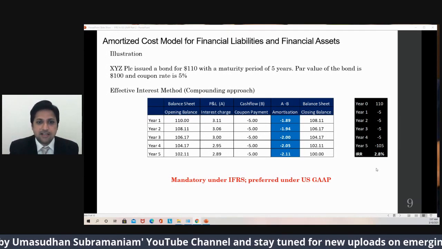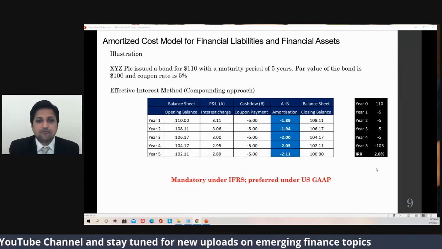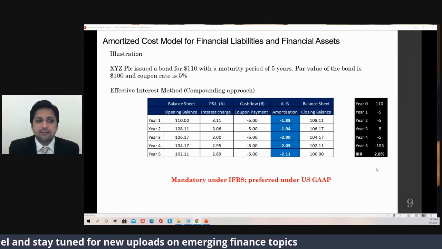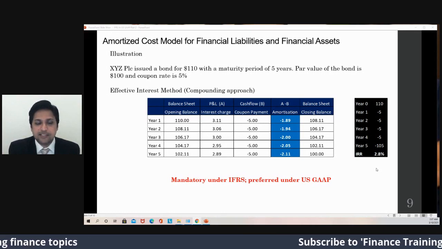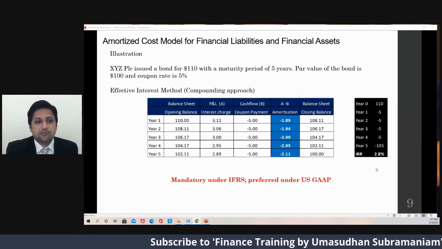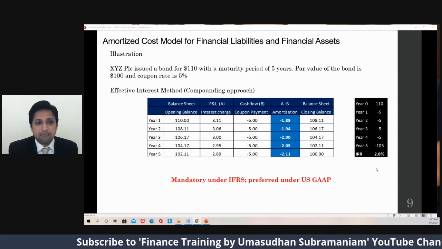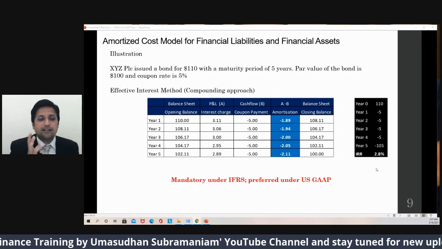If you understand, there's going to be a total cash outflow of $5 for 5 years. So that's going to be 5 times 5, $25 plus $100 at the maturity. So you're going to pay altogether $125. But remember that you raised money for $110.